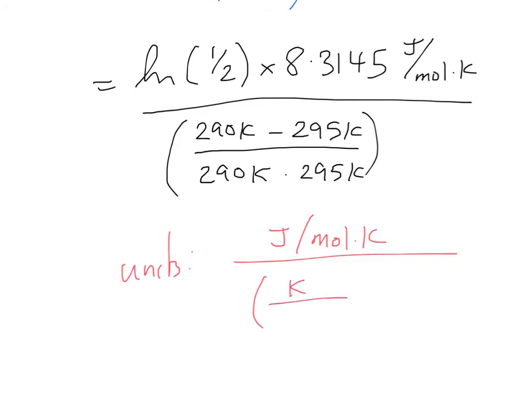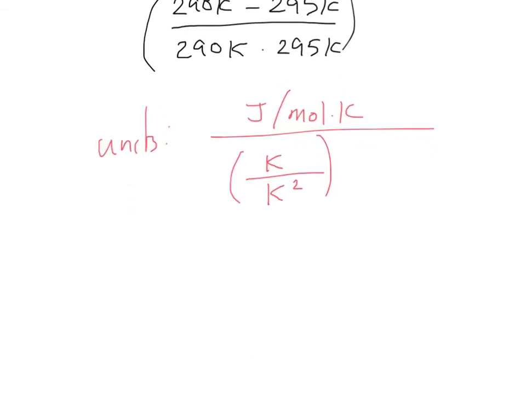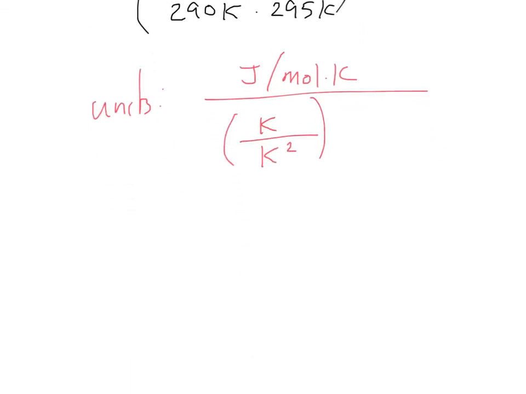And on the bottom, we've got Kelvin times Kelvin, and so that's Kelvin squared. So that's joules per mole Kelvin on the top, and on the bottom, we've got Kelvin over Kelvin squared. One of these Kelvins cancels, so that gives us 1 over Kelvin.